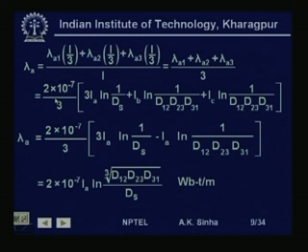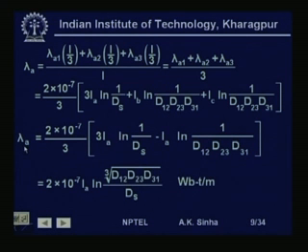When we substitute the values of lambda a 1, lambda a 2 and lambda a 3, it comes out to be 2 into 10 to the power minus 7 divided by 3 into 3 I a log n 1 by d s plus I b log n 1 by d 1 2 into d 2 3 into d 3 1 plus I c log n 1 by d 1 2 into d 2 3 into d 3 1, which will finally turn out to be, because we can now combine these I b and I c terms, since the denominators of the log n terms are the same.